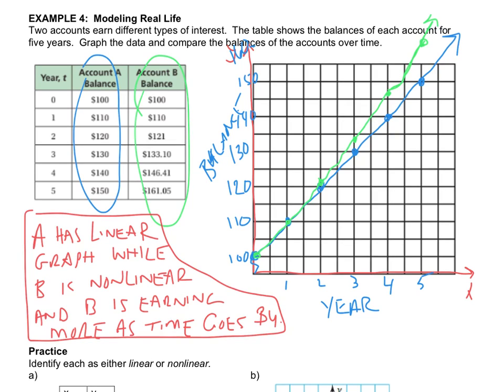So you can see that this green line is pulling away from the blue line. It would continue to do that if we went to year 6, 7, 8, 10, 20. It would continually be higher than account A.